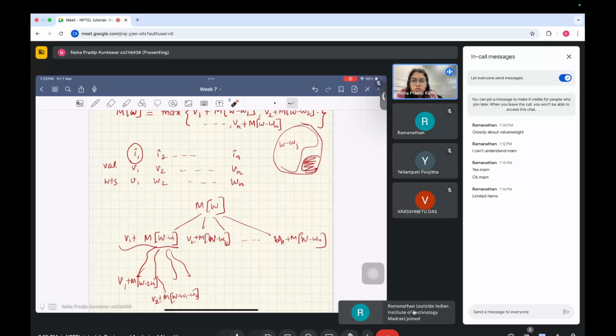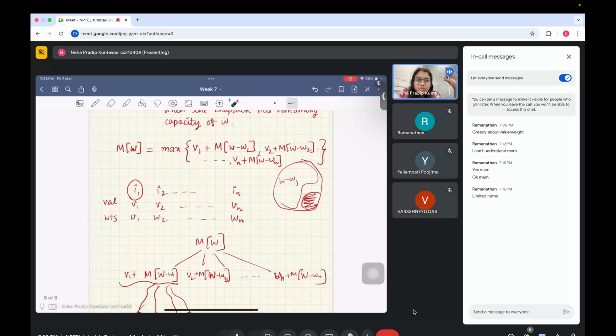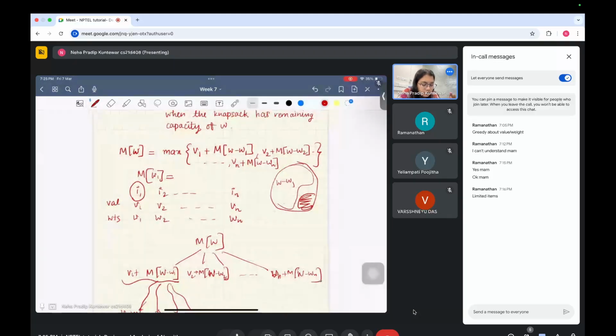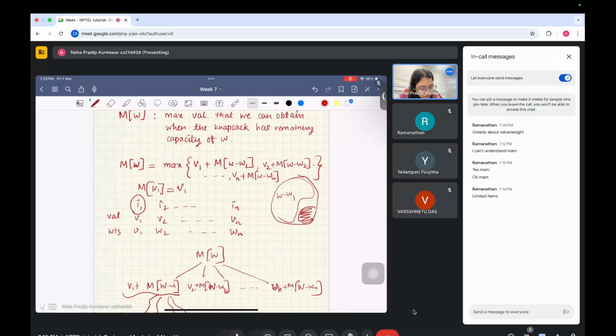Okay, so you can do both implementations of it. You can do a memoization version of it, you can even do an inductive version of it. So this is the recurrence relation you have, and the base case would be that m of w1 would be v1, and so on.